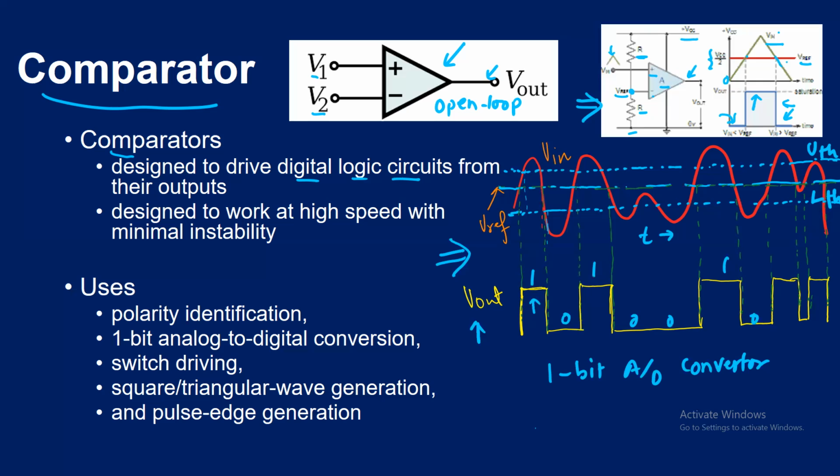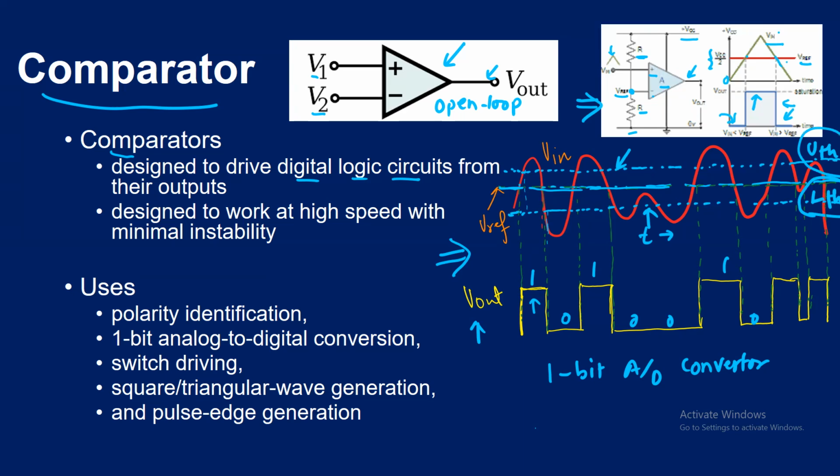To circumvent this issue where precision is important, you have dedicated comparator ICs, where you use the comparator always in an open loop configuration, and there are thresholds defined besides the reference voltage. You have a center threshold as drawn over here, a lower threshold voltage LTH, and an upper threshold voltage UTH.